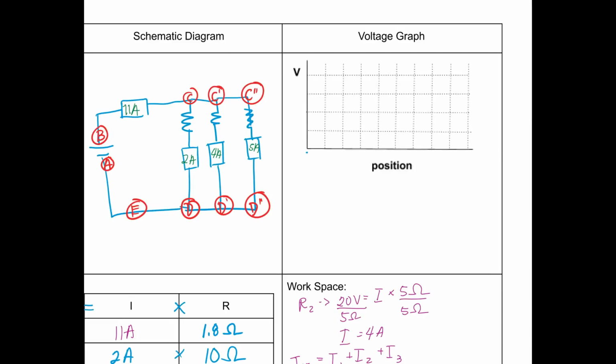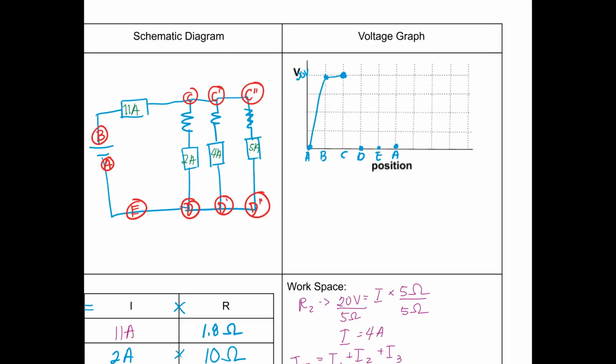Okay, so we have A, B, C, D, E, and then back to A. And since we start at 20 volts, that's going to be our maximum. At A we had 0, at B we had 20, at C we had 20, and then at D it dropped to 0, and then E is at 0, and A is back at 0.